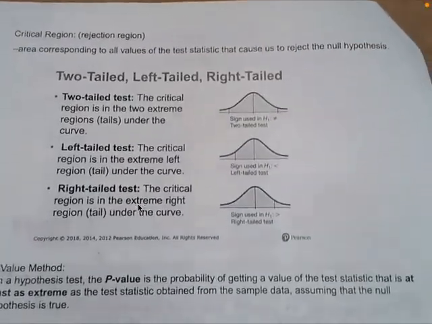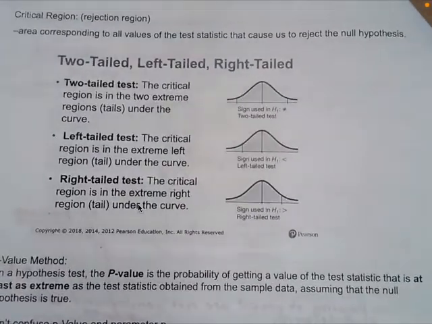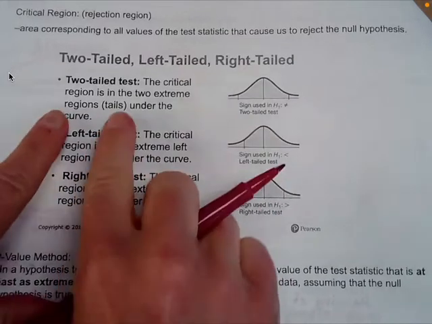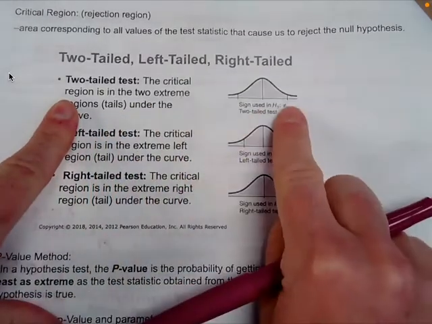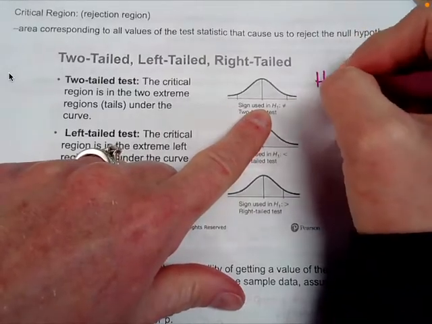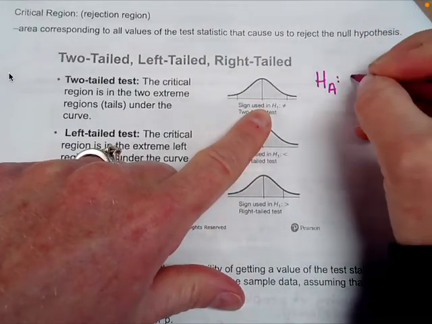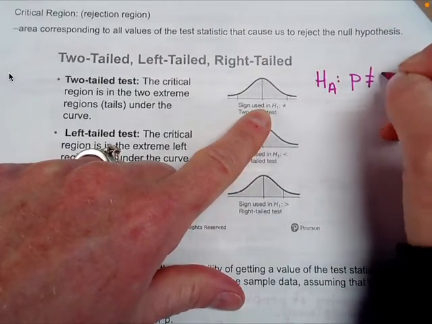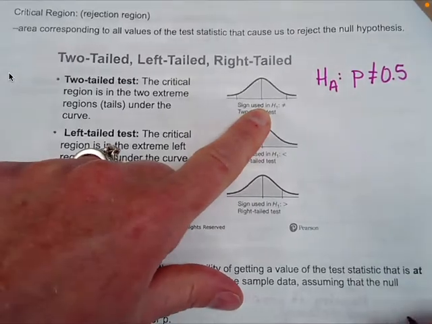Okay, so the critical region, which is the rejection region, is the area corresponding to all values of the test statistic that cause us to reject the null. A two-tailed test is whenever our alternative is like x does not equal 0.5 or something like that.